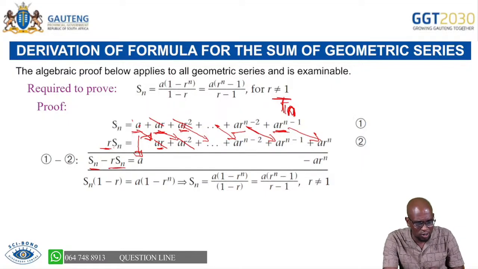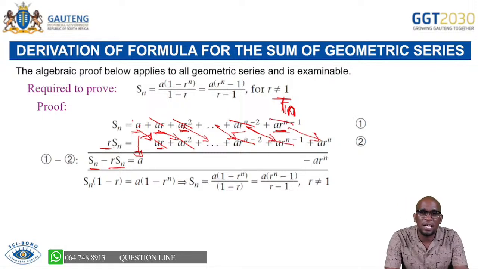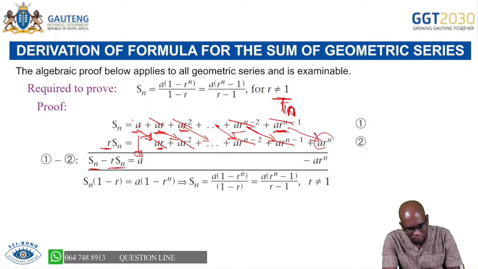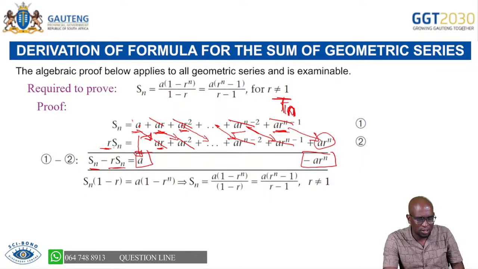AR squared and AR squared, when you subtract them, you get 0. AR to the n minus 2 and AR to the n minus 2, they give you 0. AR to the n minus 1 and AR to the n minus 1, they give you 0. So you are left with this one as well as negative AR to the n. So you are left with this term and that term when you subtract the two.